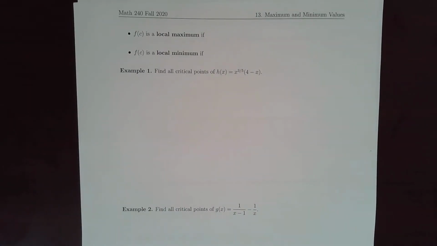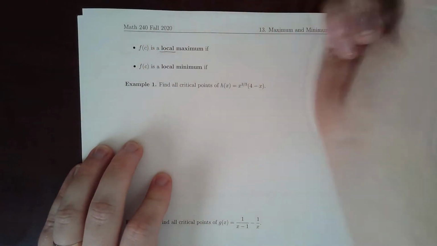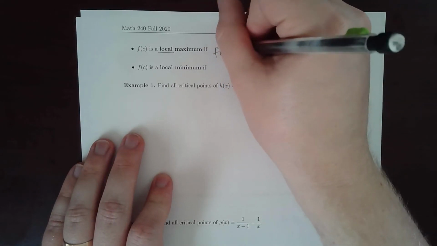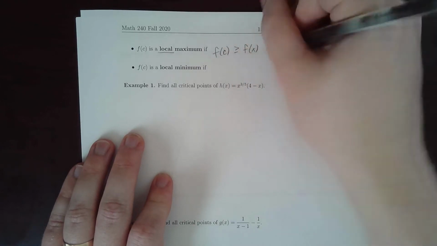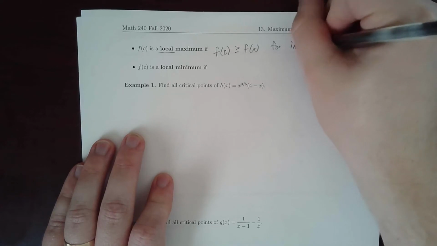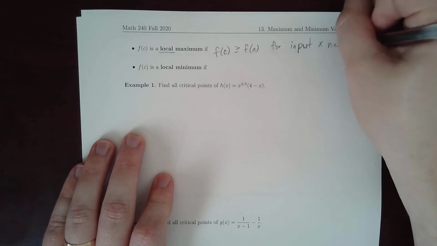Now we also can have what are known as local maximums and local minimums. So a local max is something where f of c is greater than or equal to f of x for input x nearby c.